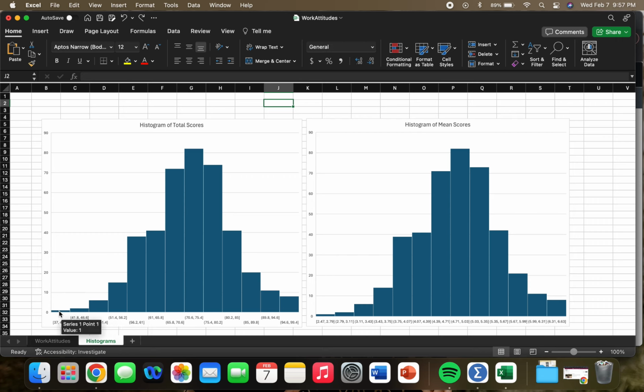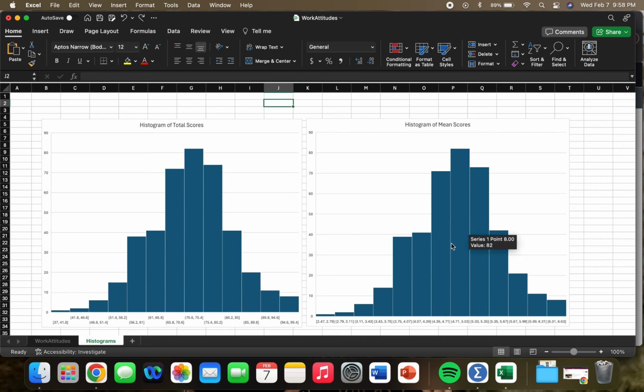The obvious limitation of this one is that it doesn't really account for the missing data folks who have the one missing. So that's probably the reason why we're seeing a slight difference on the right here, because this one's including the mean scores. And as we went over earlier, the mean in Excel kind of excludes that missing data.